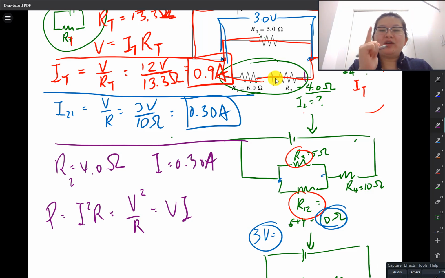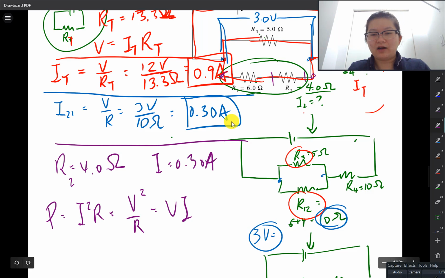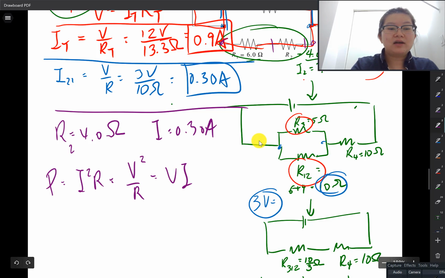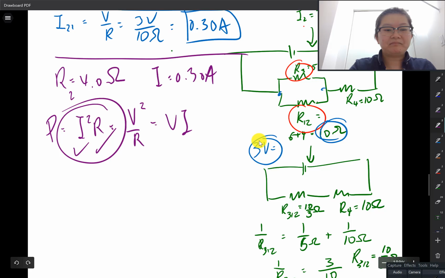So it would be wrong to use 3 volts here because the 3 volts is the drop across both resistors, not just R2. In fact, it would just be more work to figure out the potential difference across R2. I do know the current, I do know the resistance, so why not just use this one?